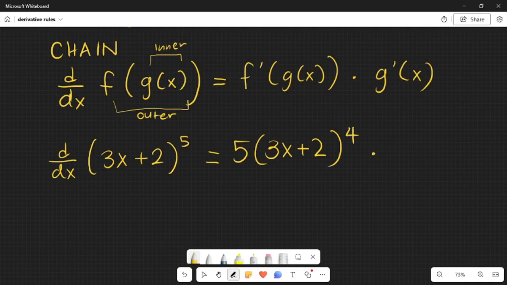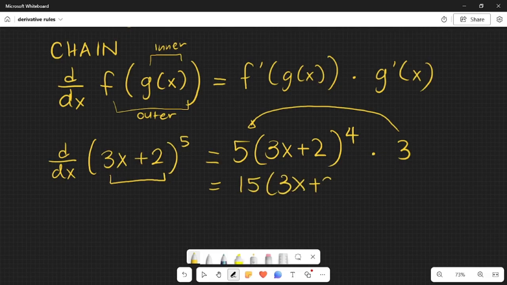And then we're going to multiply it by the inner function's derivative. The derivative of 3x plus 2 is 3. So you can just multiply 5 and 3 and it would be 15 multiplied by 3x plus 2 raised to the 4th power. Another example would be x squared plus 1 raised to the 3rd power.